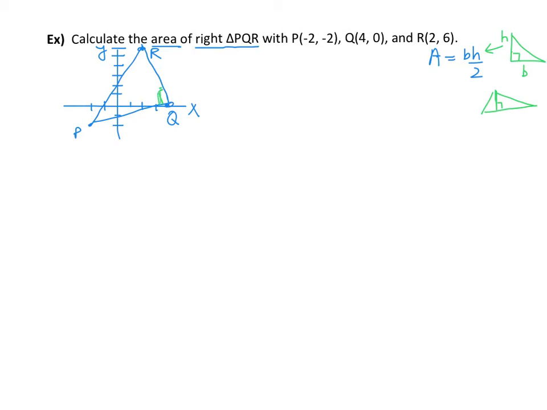So right in here, I think that's my right angle, but I want to make sure. I'm going to show that PQ meets RQ at a 90-degree angle. Okay, and to show things meet at a 90-degree angle, we need to show that their slopes are negative reciprocals of each other, that they're perpendicular.